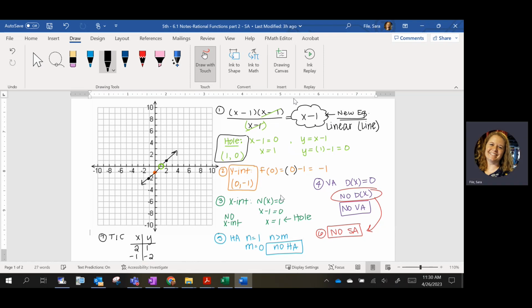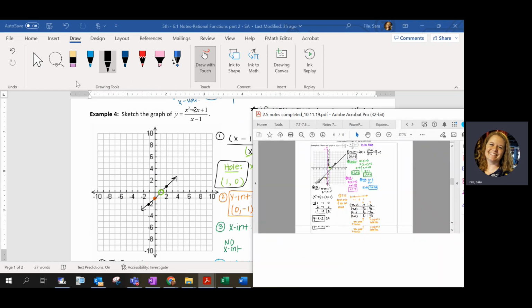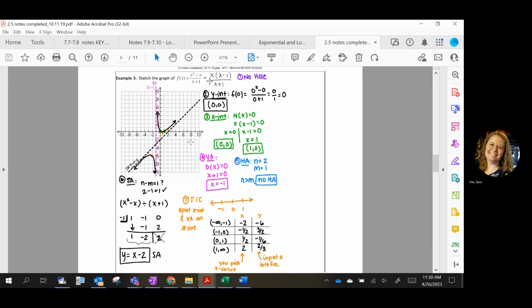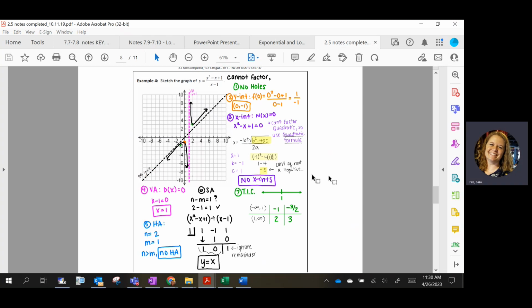All right, now I am going to show, since I'm recording this, in case you're watching from one of the other classes and you're looking at somebody else's notes, if we did not change that to a -2x there, if we kept the original equation that was typed there, this is what it would have ended up looking like.